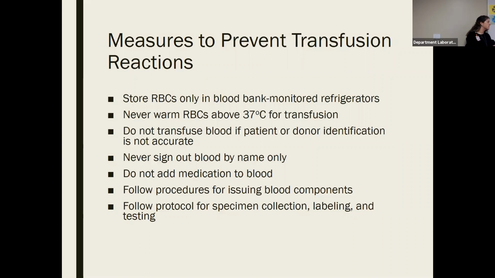We don't take any chances. And never warm red cells above 37 degrees. The only time you can use this is if it is an approved blood warmer, and even that temperature must be monitored and it must be calibrated and QC'd. So it must be an approved blood warmer.